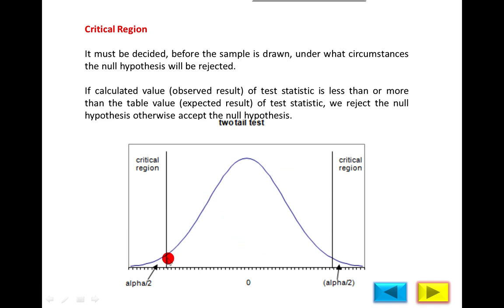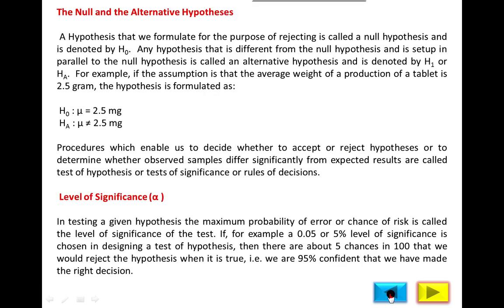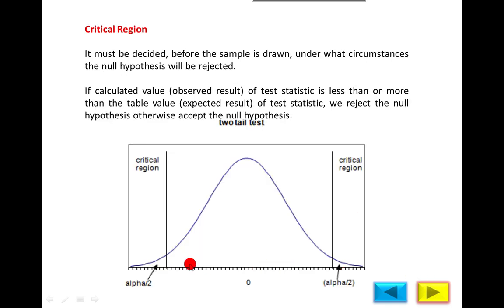So this graph represents the graph of the t-test or z-test. And what is a two-tailed test? If the alternate hypothesis is less than, it is called one tail, only the left side; or more than, the right-hand side, is one tail. Not equal to means less than and more than both, so it is called a two-tail test.